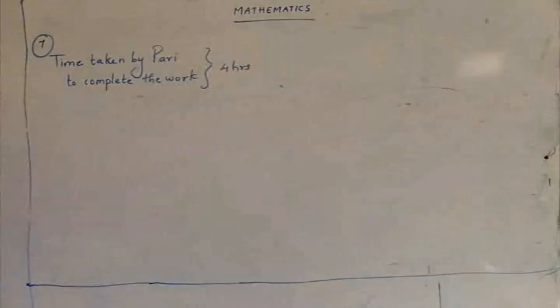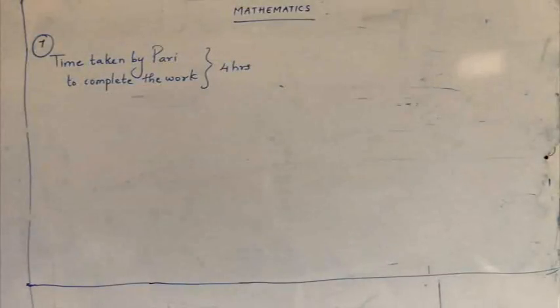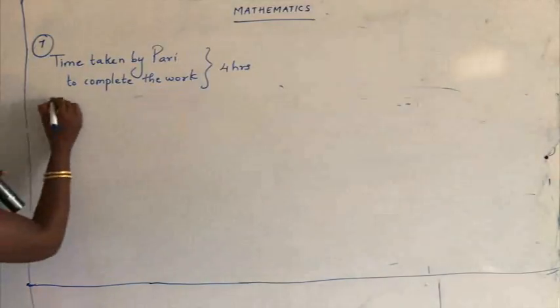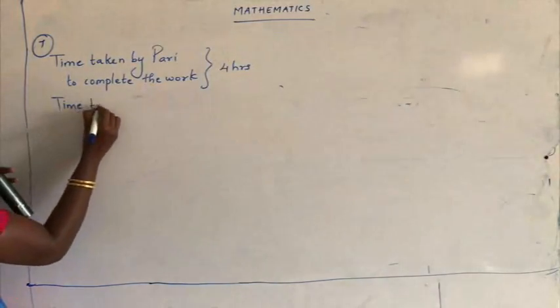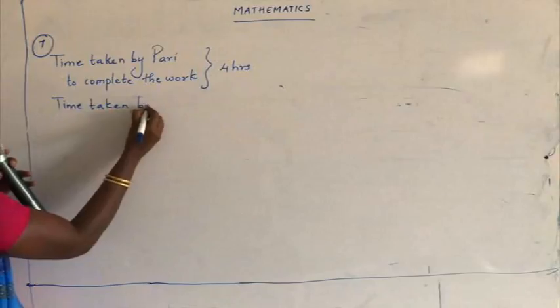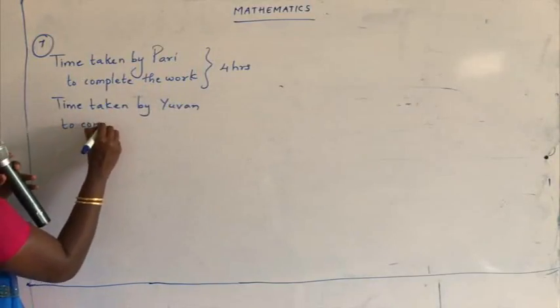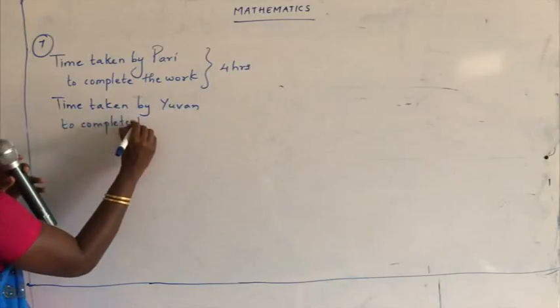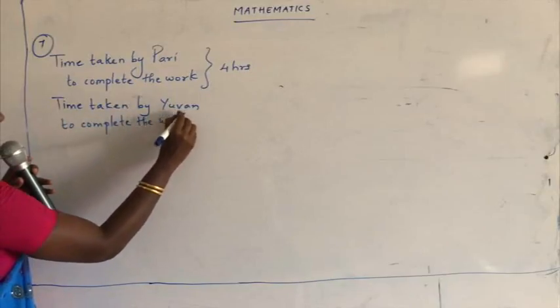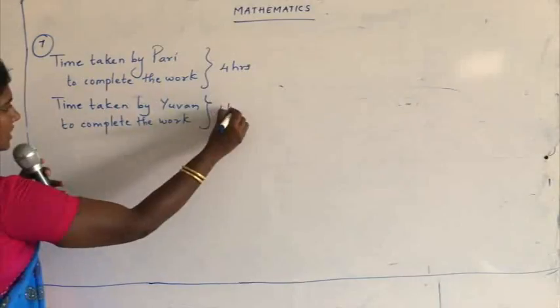From the second statement, his friend Yuvan needs 6 hours to complete the same work. So time taken by Yuvan to complete the work is 6 hours. Take down the statement.